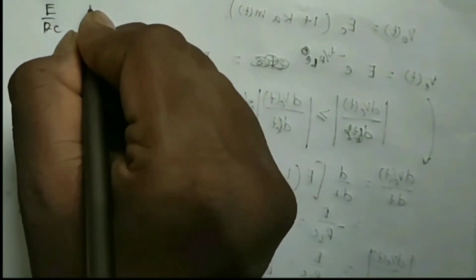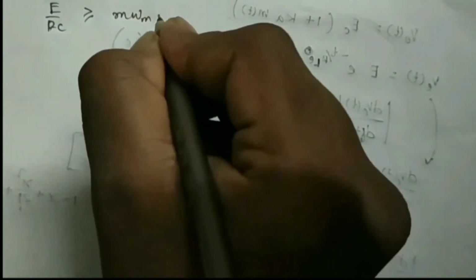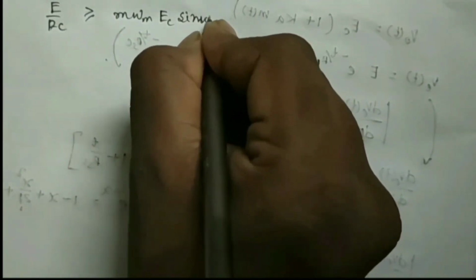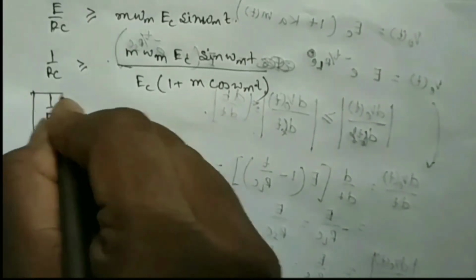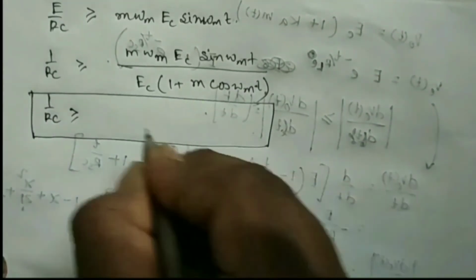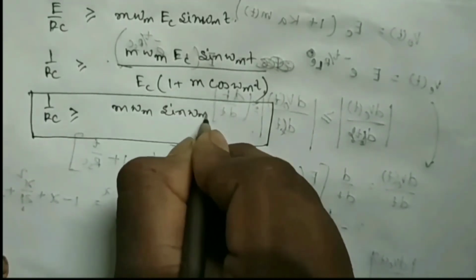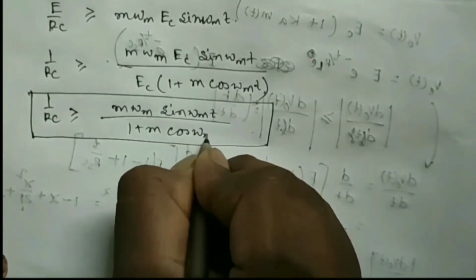So E upon RC should be greater than or equal to m omega m EC sin omega mt, and we will get 1 upon RC to be greater than or equal to m omega m sin omega mt upon 1 plus m cos omega mt.